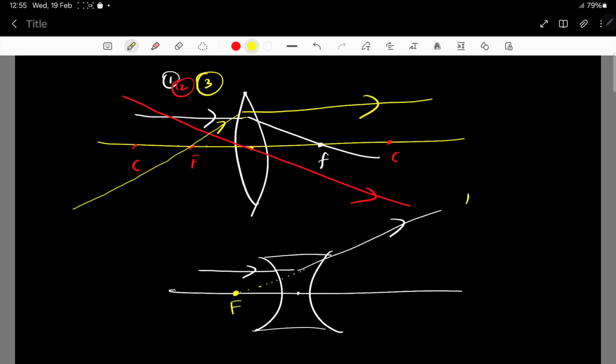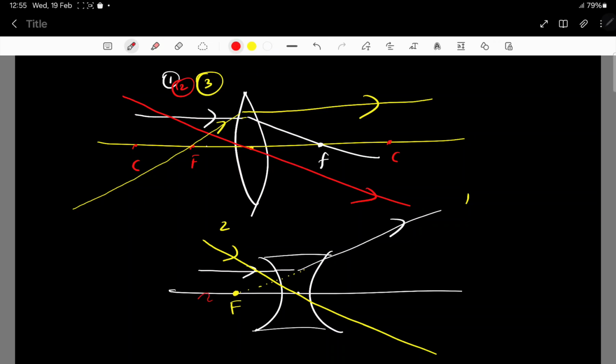It's rule 1. Rule 2 is, if any light ray is directed towards the pole, its path will not change, it will simply go unchanged. It's rule 2. And rule 3 is exactly the inverse of rule 1.